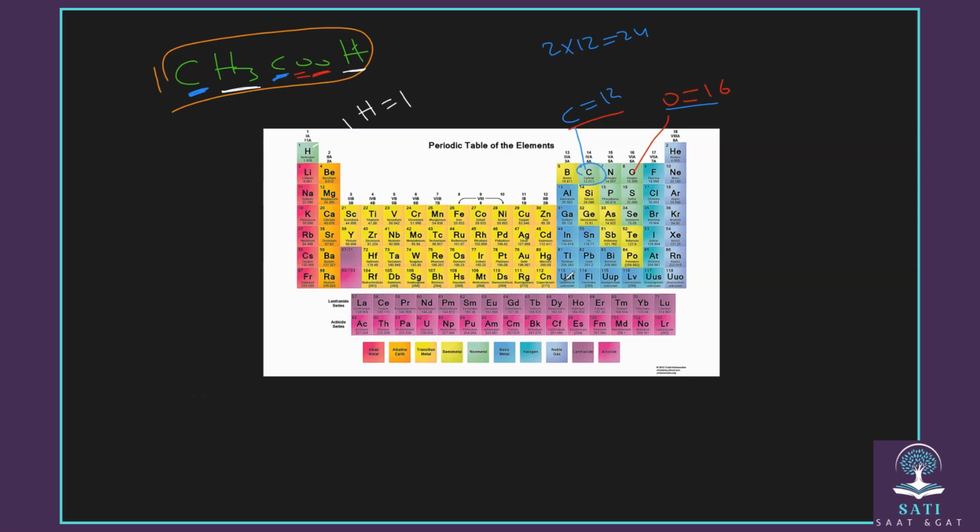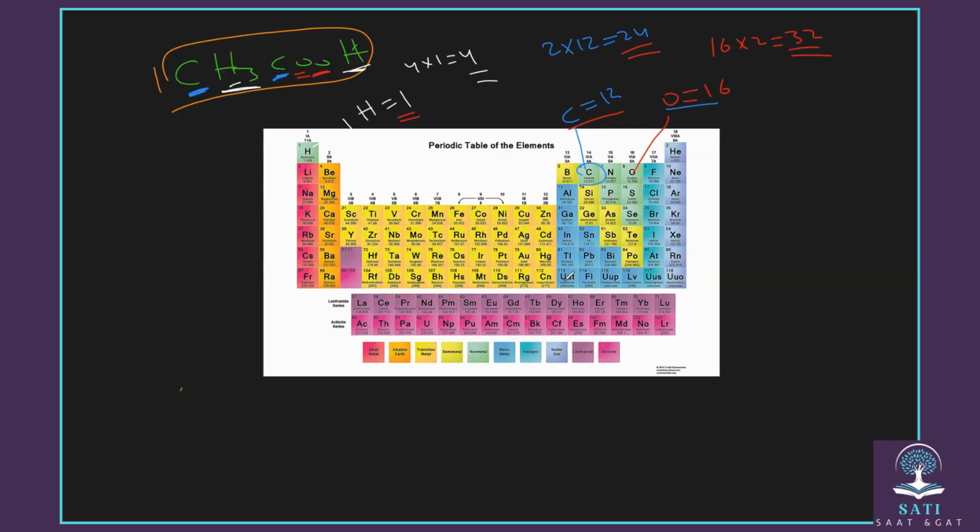We have 2 oxygens, so 16 times 2 gives me 32. What about hydrogen? We have 4 hydrogens, so 4 times 1 equals 4. Now I need to add them all to get the molar mass, which is the mass of this compound in grams.